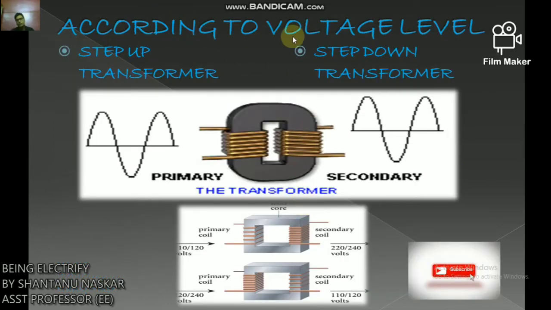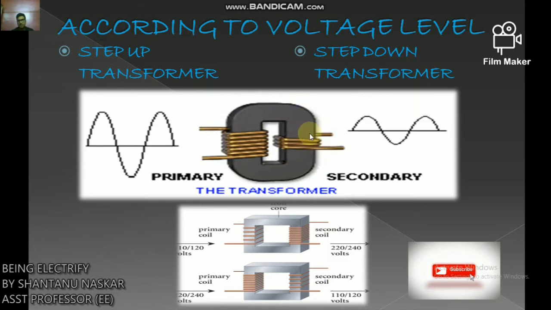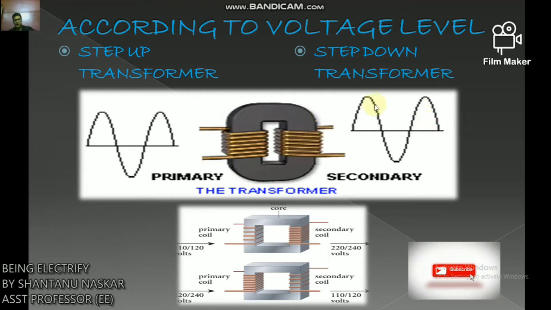Now according to voltage level, there are two types of transformer: step up transformer and step down transformer. In this picture you can see that if the number of turns is greater, then the voltage is also greater. In this secondary, the number of turns is greater, so the voltage is greater.